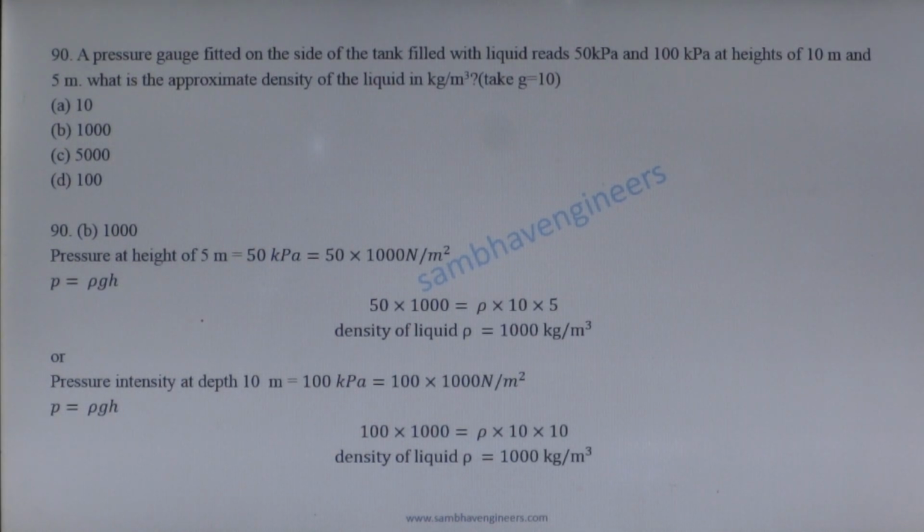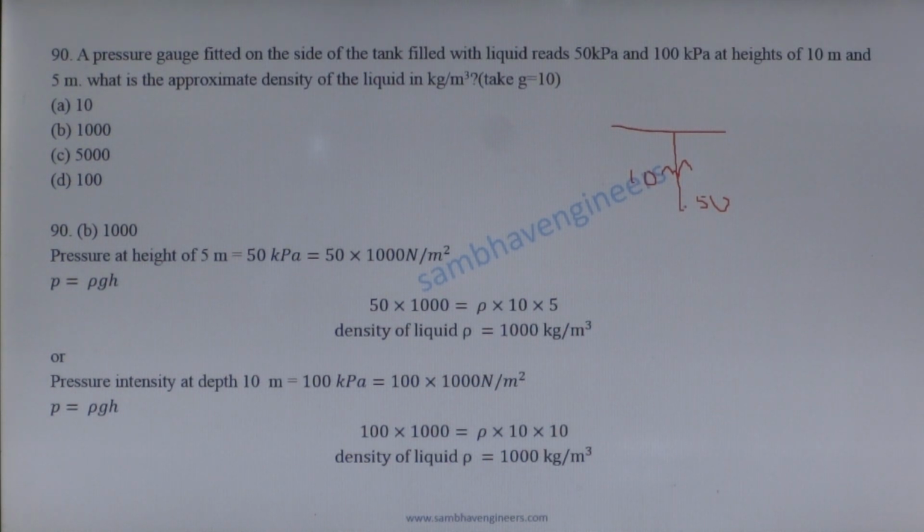A pressure gauge fitted on the side of a tank filled with a liquid reads 50 kPa, 50 kilopascal, at height or depth 10 meter and 5 meter respectively.